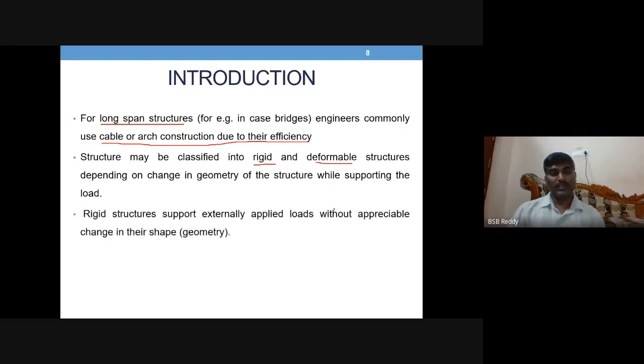Rigid structures support externally applied loads without appreciable change in their shape. That was what I was telling. So if you don't find any change in the geometry, we call it a rigid structure. Beams, trusses, and frames are examples of rigid structures.